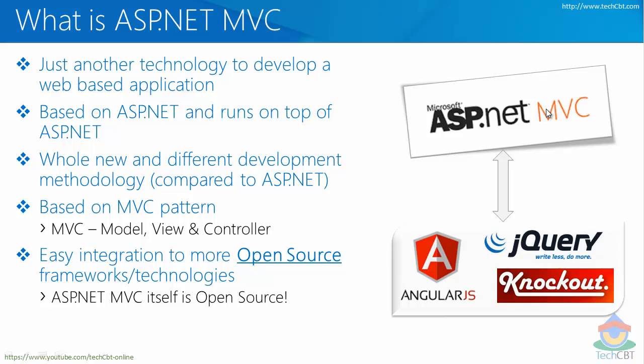So ASP.NET MVC can work with any of the front-end frameworks, whether or not they are MVC or MVVM related. It has got no idea about the front-end frameworks, and with any kind of front-end framework it is very easy to integrate with MVC, and ASP.NET MVC itself is open source.